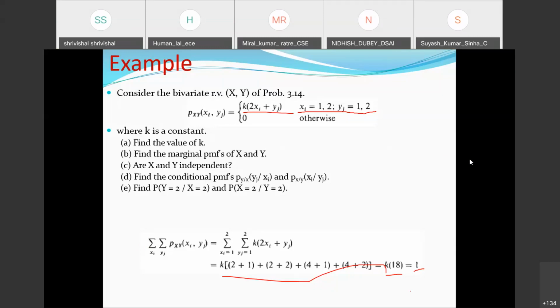So Swaroop, Dipanshu, and Harleen, all of you responded. Good. What is the marginal PMF of y? This is what you calculated for x. So what value in case of y?